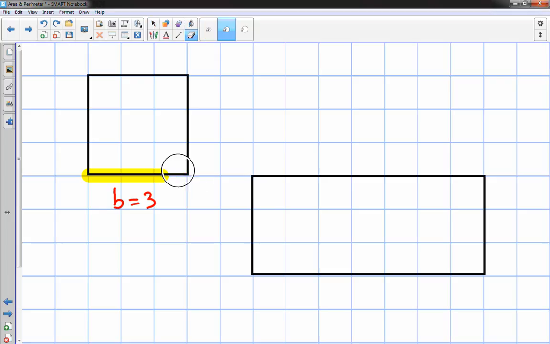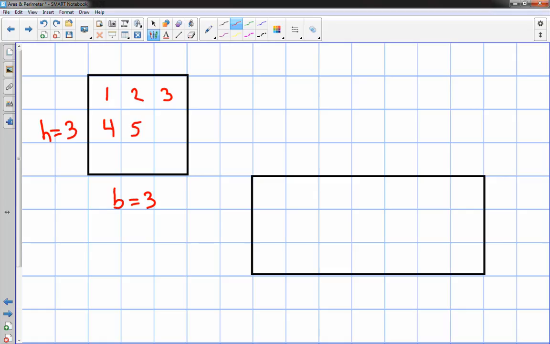Well, how tall is it? Well, since it's a square, it has a height of 3 as well. So the height is equal to 3. So 3 by 3, or 3 times 3, gets you 9 squares inside. So the area of this square is equal to 9 square units.